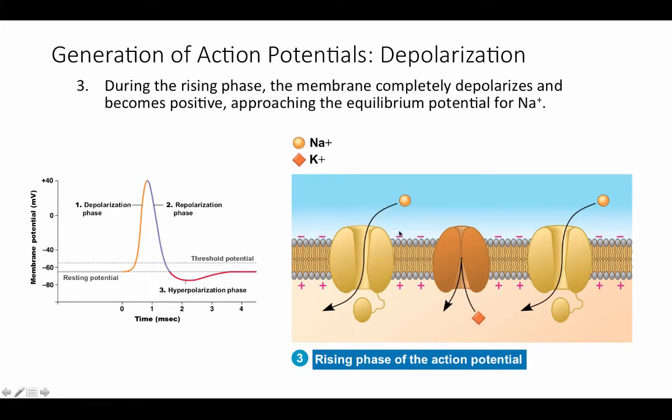As these sodium ions flow in along both their concentration gradient and their voltage gradient, the membrane is not just going to depolarize. Remember, it's depolarized when it comes to zero, but it's actually going to continue to increase toward the equilibrium potential for sodium, because remember, potassium is not yet flowing through, and so the greatest influence on the membrane potential is going to be this equilibrium potential for sodium as it flows into the cell.